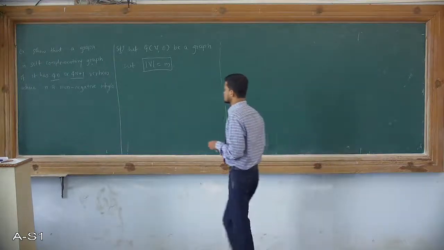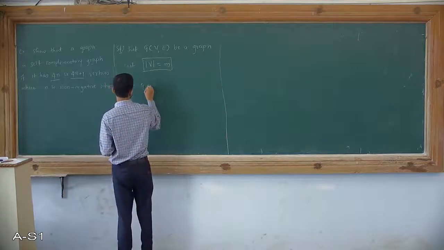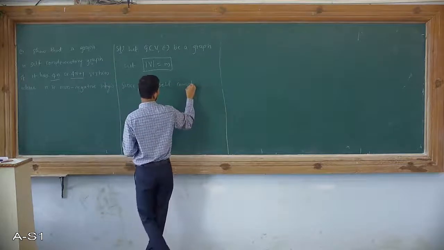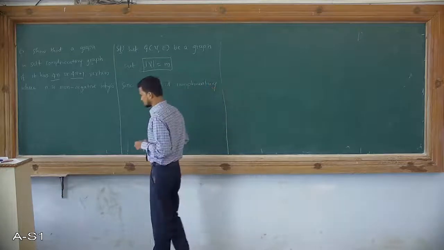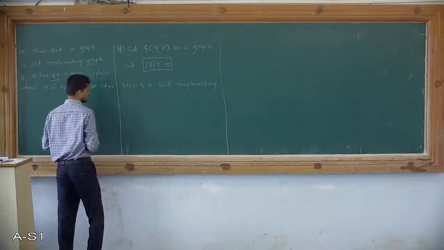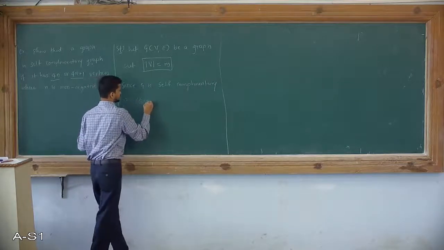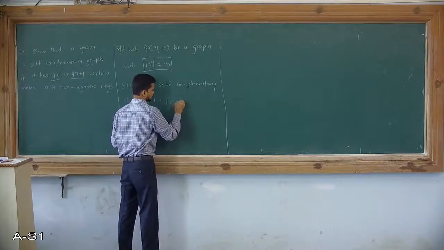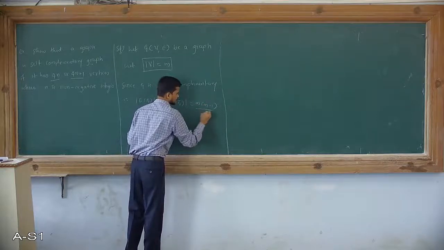Since G is a self-complementary graph, therefore the cardinality of E of G plus E of G bar is equal to m into m minus 1 divided by 2.